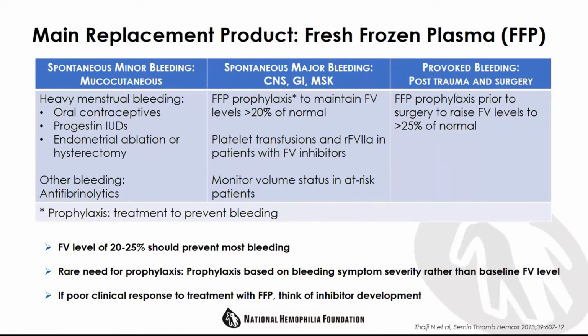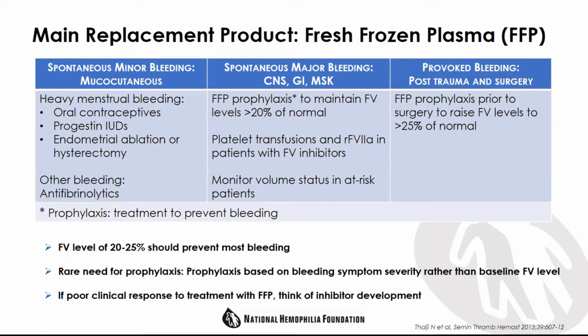In patients where surgeries are planned, one needs to keep the factor V levels more than 25% of the normal range. Very rarely, some patients would need prophylaxis, which is treatment given to prevent bleeding on a regular basis.